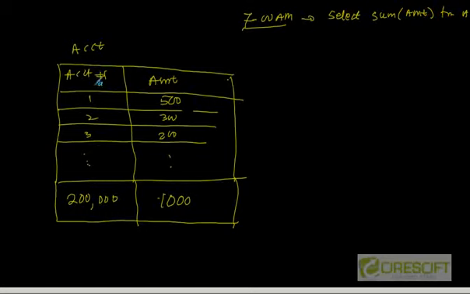Whenever you run this query, it adds up all these amounts, and let's say the result is X. Since there are 200,000 rows, the select is going to get the value 500, plus 300, plus 200, and go on adding them up, and finally give you a number.